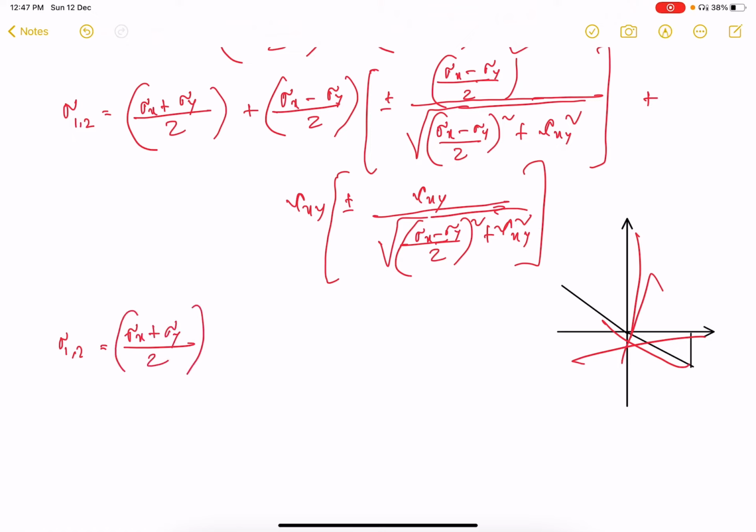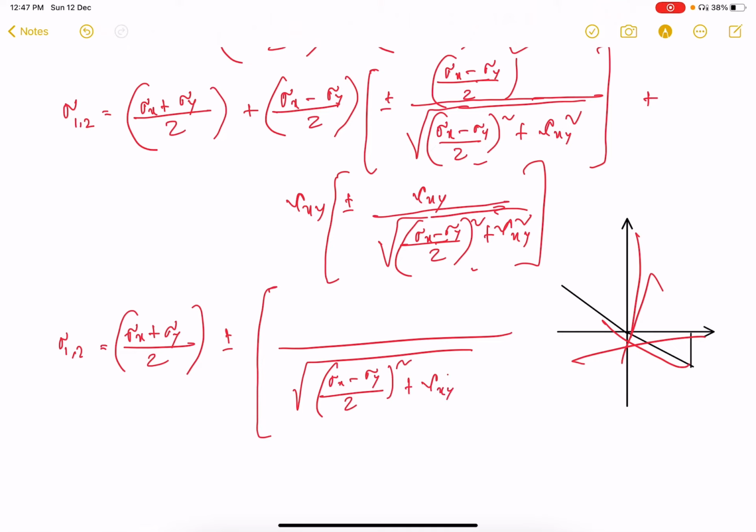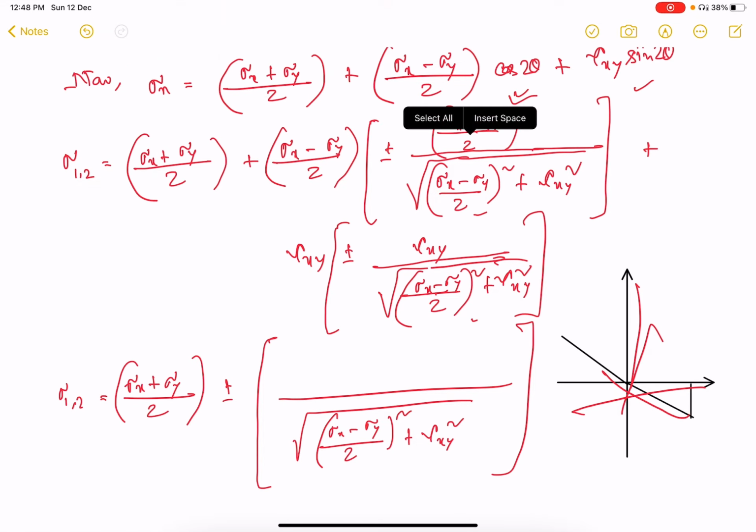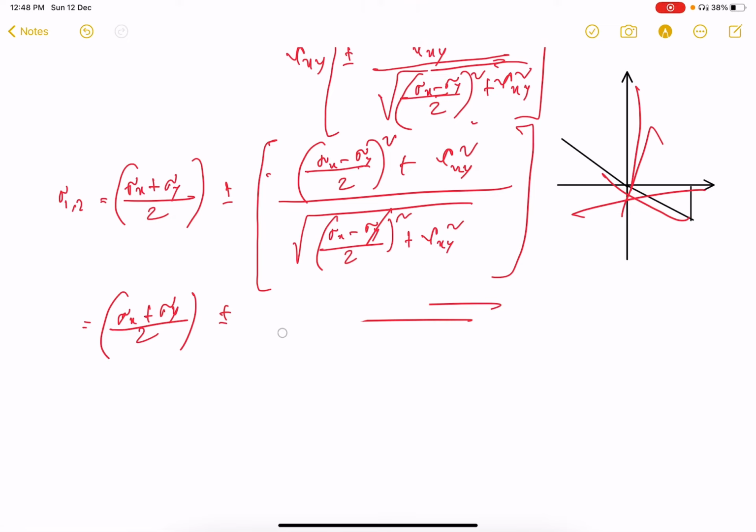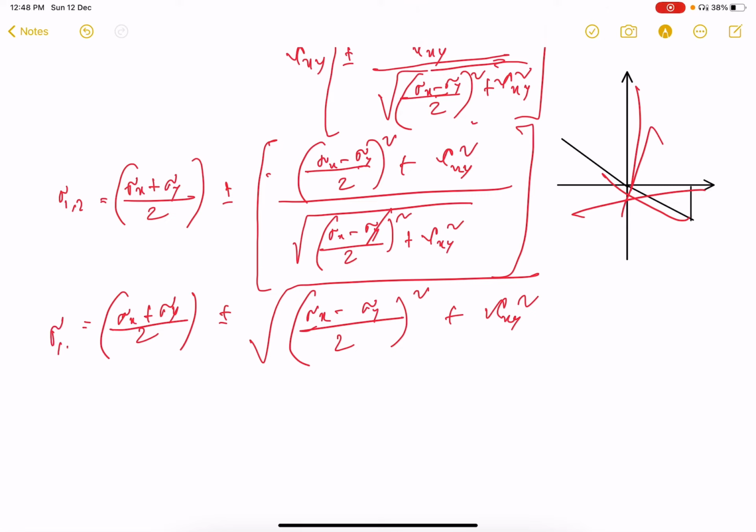If we take the plus or minus common, and this is your denominator, what it will have is ((sigma x minus sigma y) divided by 2) whole square plus tau xy square, and these two get multiplied. If we cut this, it will cut the squares. What you will get is nothing but (sigma x plus sigma y) divided by 2 plus or minus the root of ((sigma x minus sigma y) divided by 2) whole square plus tau xy square.